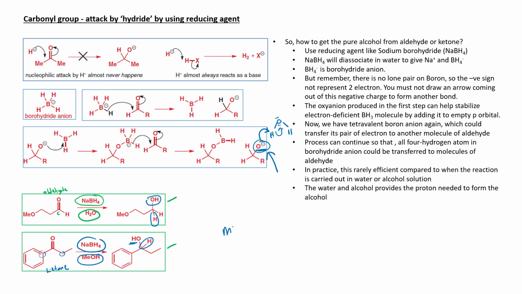Methyl alcohol, the same as water. Methyl is basically CH3, so MeOH is CH3 and then you have OH. So OH here has two lone pairs. So basically the oxy anion here will be finding the H here. They will try to take the H there.